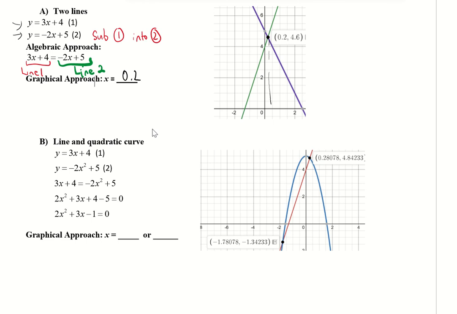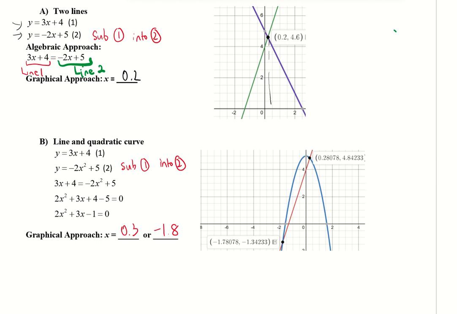If I have a line and a quadratic curve, and I solve graphically, I can read off the intersection and get x is 0.3 or x is negative 1.8. Likewise, I can solve algebraically by substituting 1 into 2.